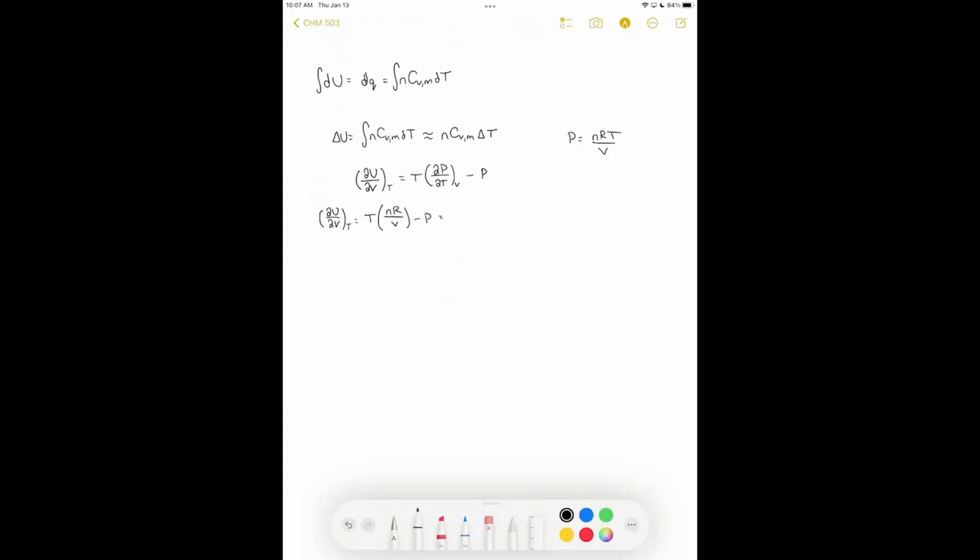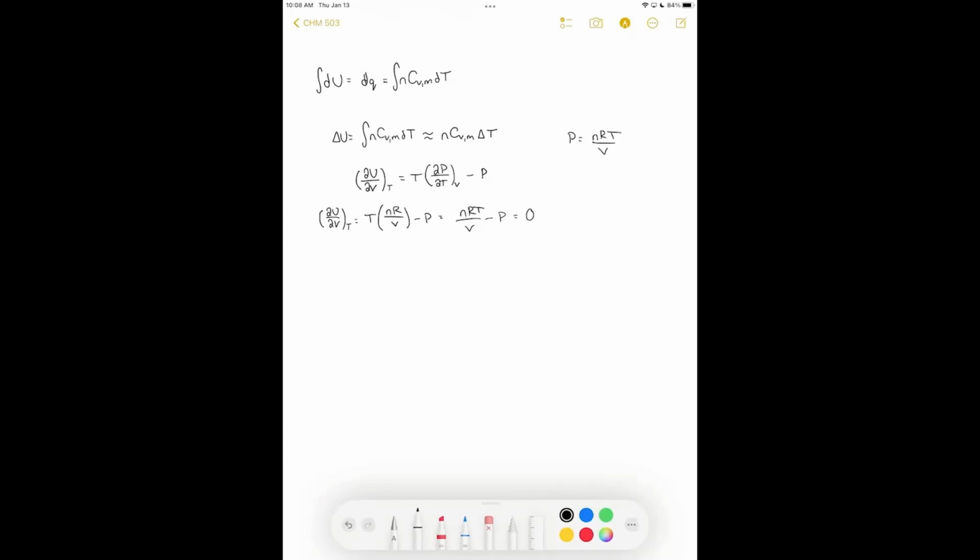In this case, we have nRT over V minus P. And remember that P is also equal to nRT over V. So in this case, dU/dV at constant T is equal to 0, just like we expect for an ideal gas. For non-ideal gases, this will not be the case, and we will get some non-zero number here.